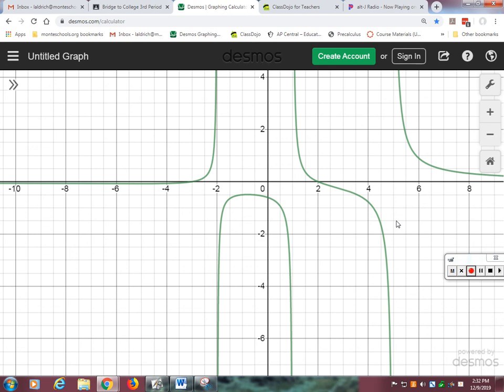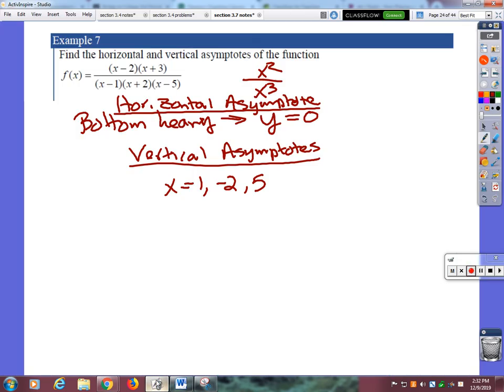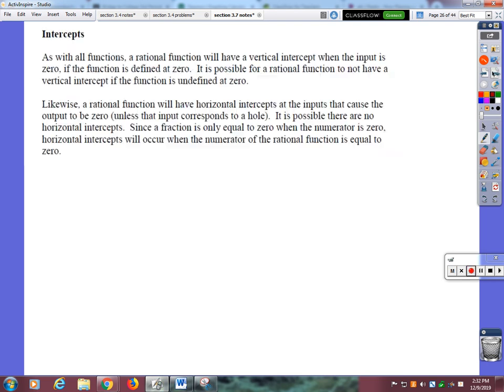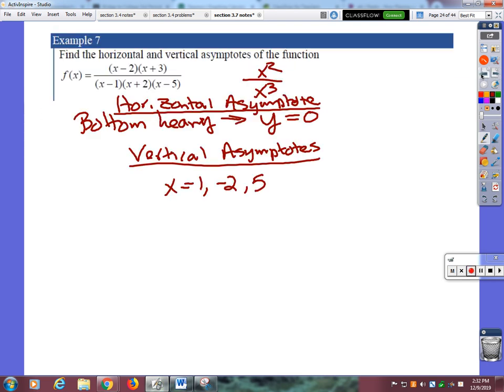And then this one gets to y equals 0 from the top. And then I have a vertical asymptote at x equals negative 2, x equals 1, and x equals 5 as promised. Okay? 1, negative 2, and 5. Horizontal asymptote, y equals 0. Okay? All right, let's save intercepts for tomorrow.